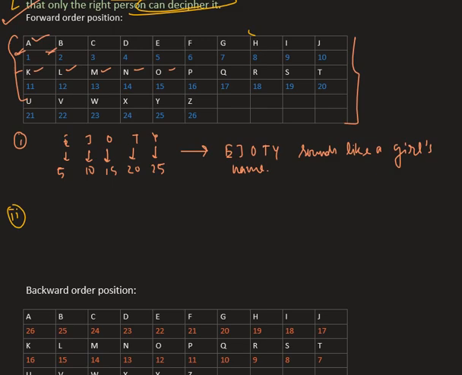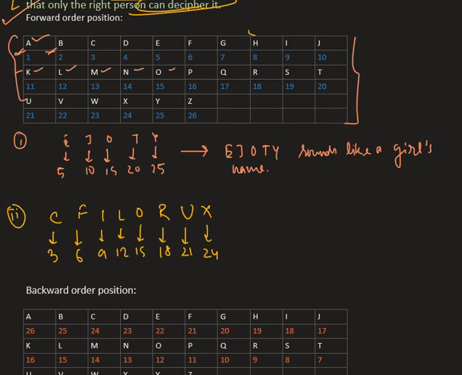Now you can also remember these letters, that is C, F, I, L, O, R, U, X, that is 3, 6, 9, 12, 15, 18, 21, 24.